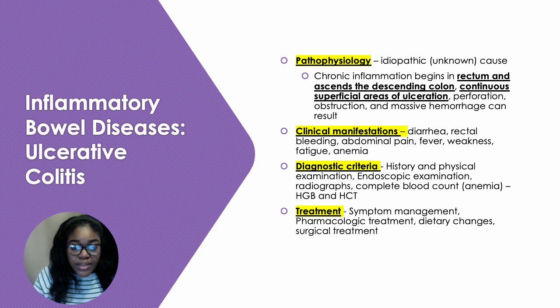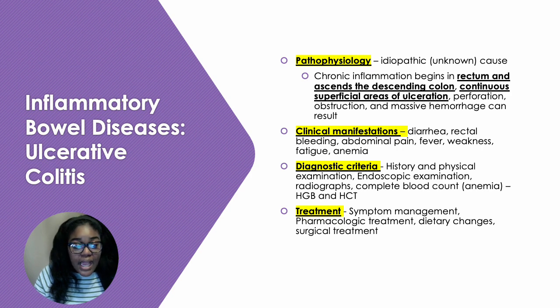As far as your treatment, you want to do symptom management, so you want to treat the pain that you're experiencing with analgesics. They will have pharmacological treatments with that. You have dietary changes. You want to have a low fiber diet with an individual with ulcerative colitis, because you don't want to exacerbate the areas that are damaged, and there may be surgical treatments.